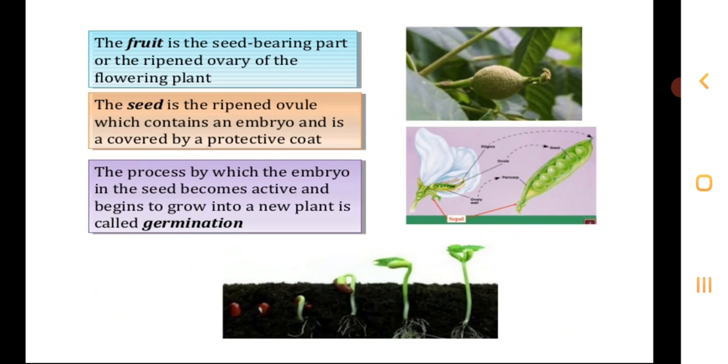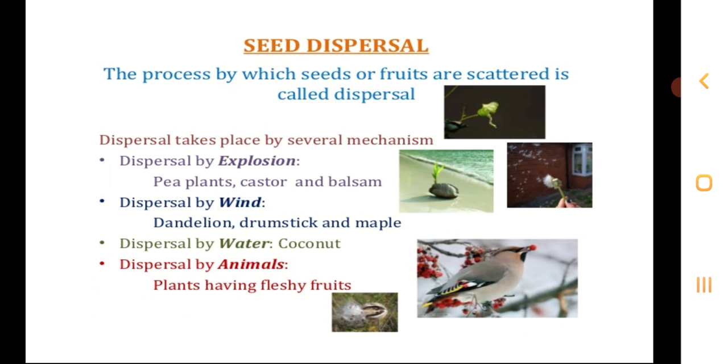The fruit is the seed-bearing part of the ripened ovary of the flowering plant. The seed is the ripened ovule which contains an embryo and is covered by a protective coat. The process by which the embryo in the seed becomes active and begins to grow into a new plant is called germination. You can see the figure also.